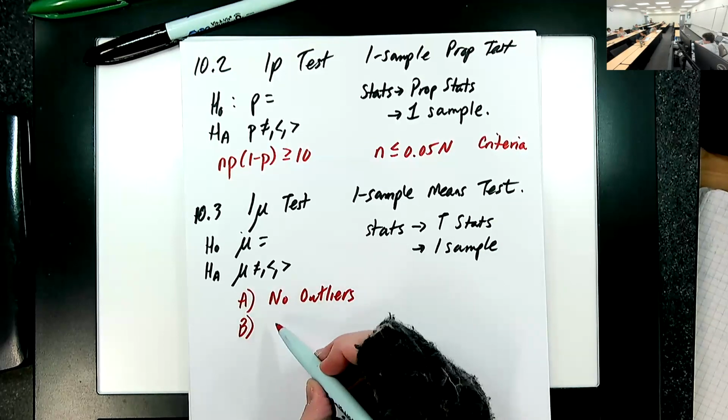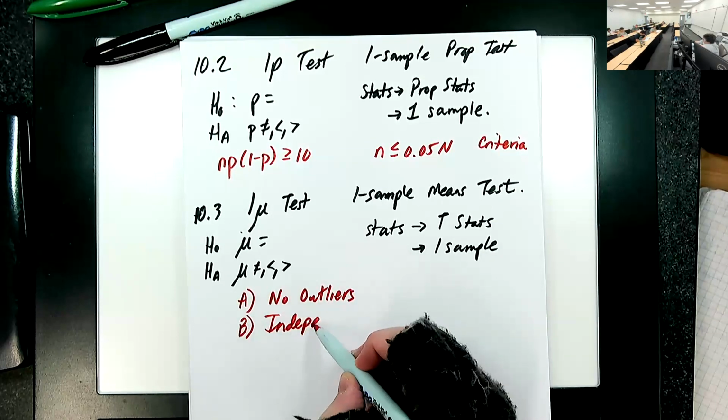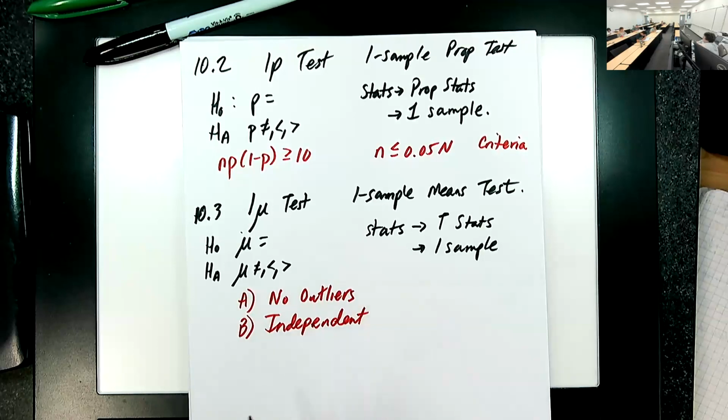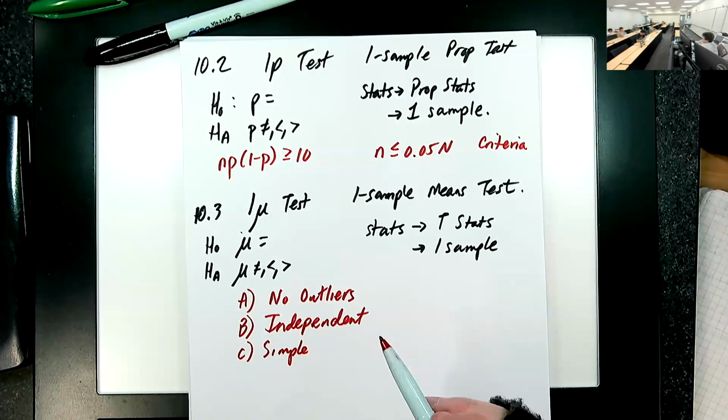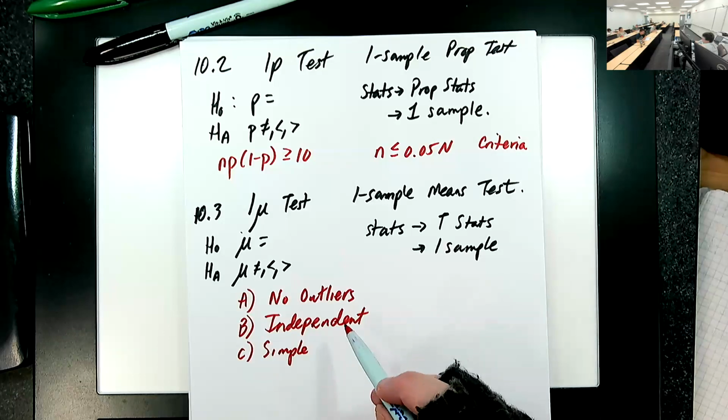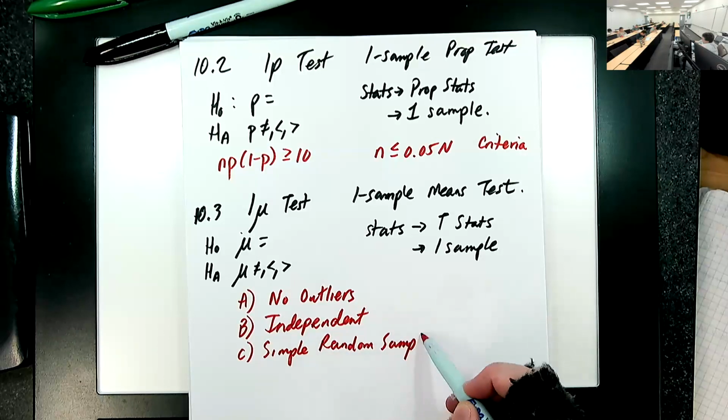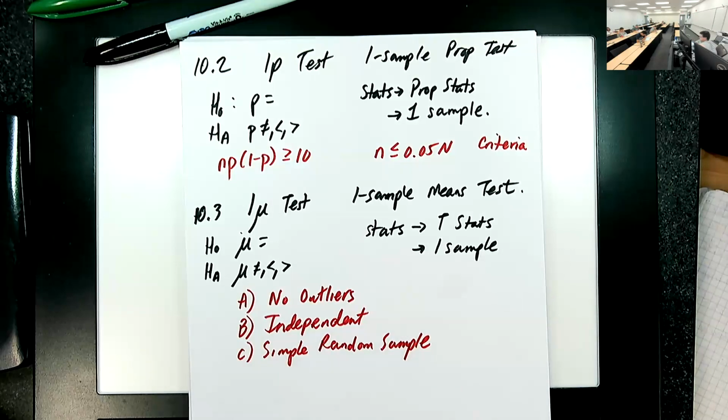We want independent samples, and we want them to be simple random samples. And you kind of want n to be greater than or equal to 30. Those are the big ones.